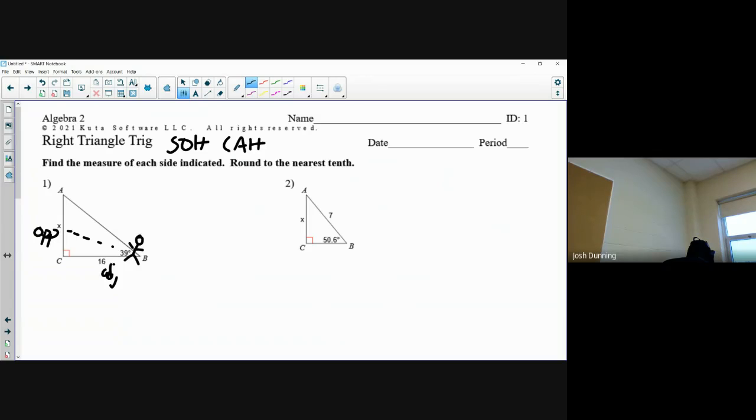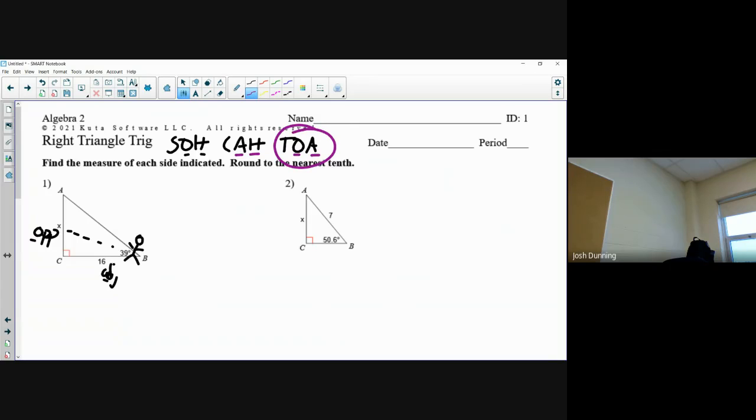My hypotenuse is blank. So look at the two letters we have. We have O and A. Now you go through SOHCAHTOA, find the one with O and A. O and H, no. A and H, no. O and A. Hey, there we go. So I'm going to use tangent.